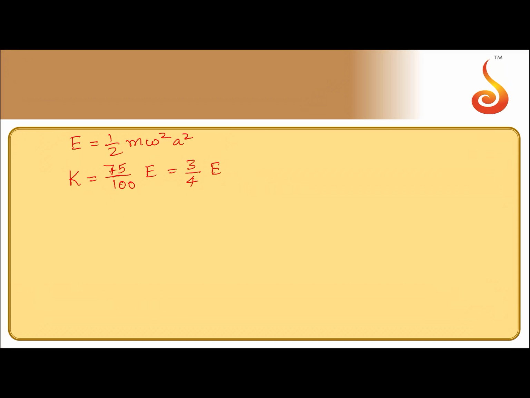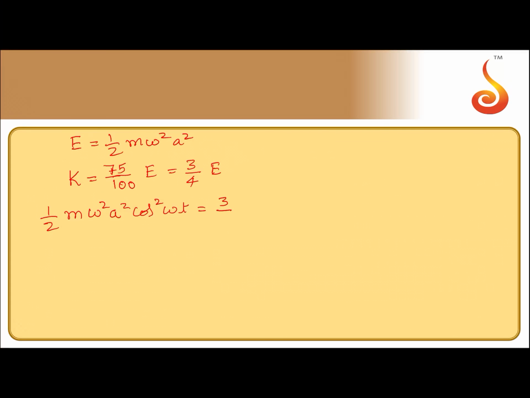So let us substitute for kinetic energy. Kinetic energy is half m omega square into a square minus x square. So you can take it as half mv square, which is half m omega square a square cos square omega t, because if y is a sin omega t, then v should be a omega cos omega t.